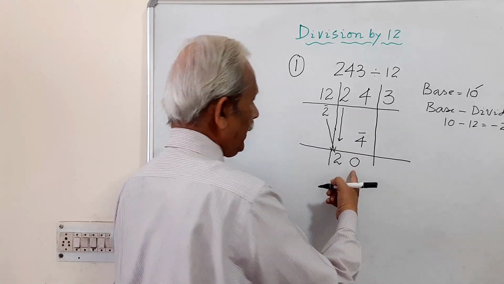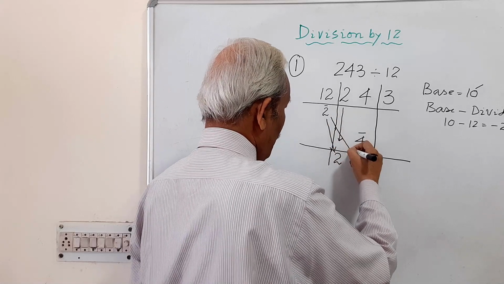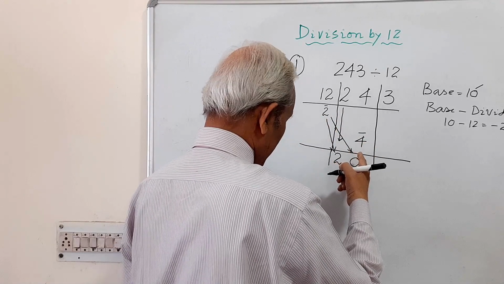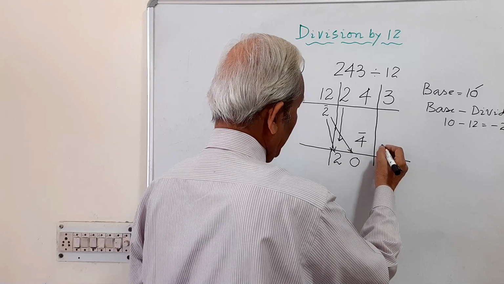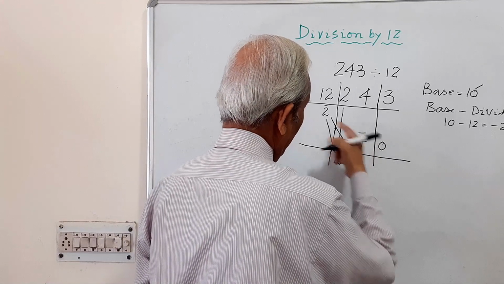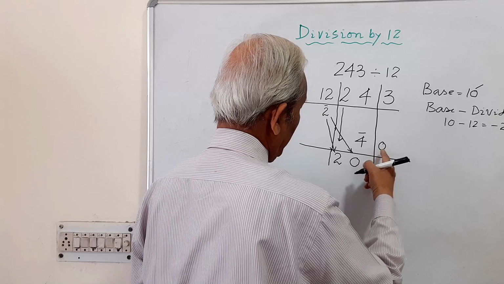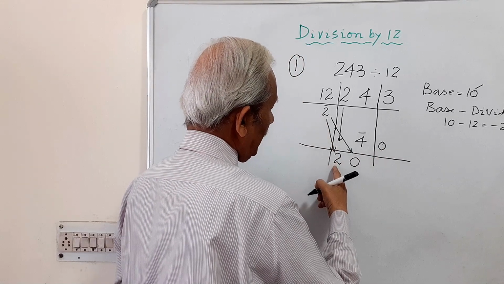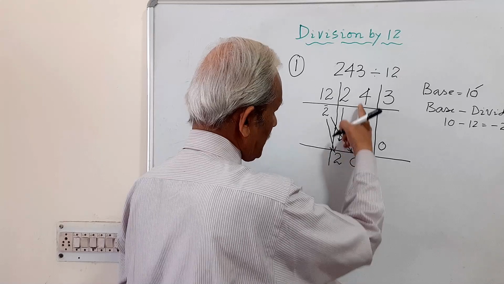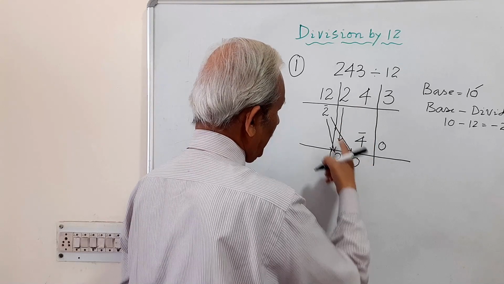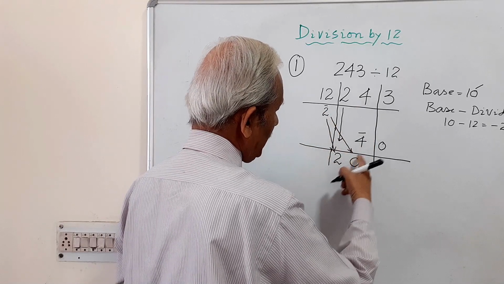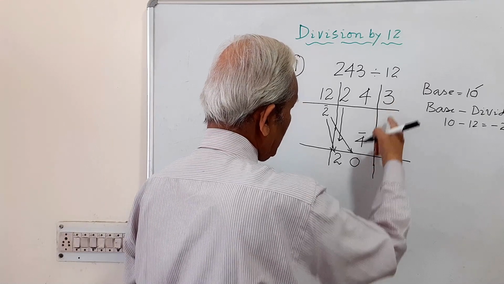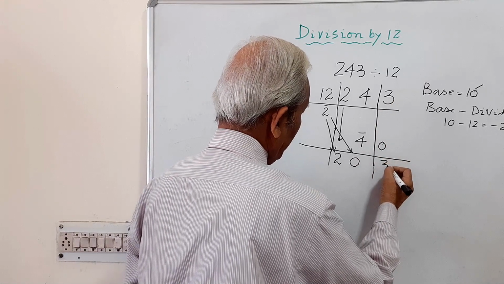Then again multiply this 2 bar with this 0, and you get 0 here. We multiplied this 2 with 2 bar and wrote 4 bar below this. Then we got 0 here. Multiply this 2 bar with this 0 and put this 0 here. Now add this 3 plus 0, you get 3.